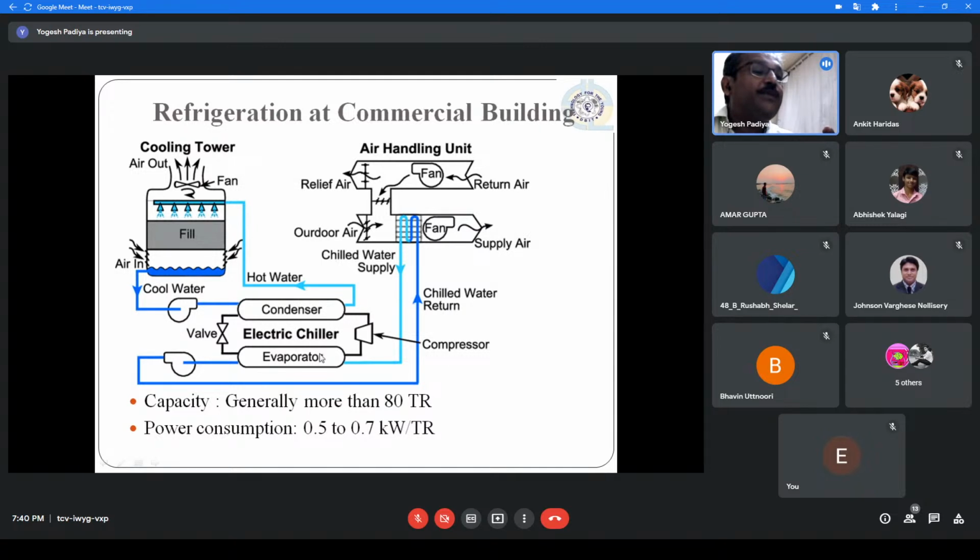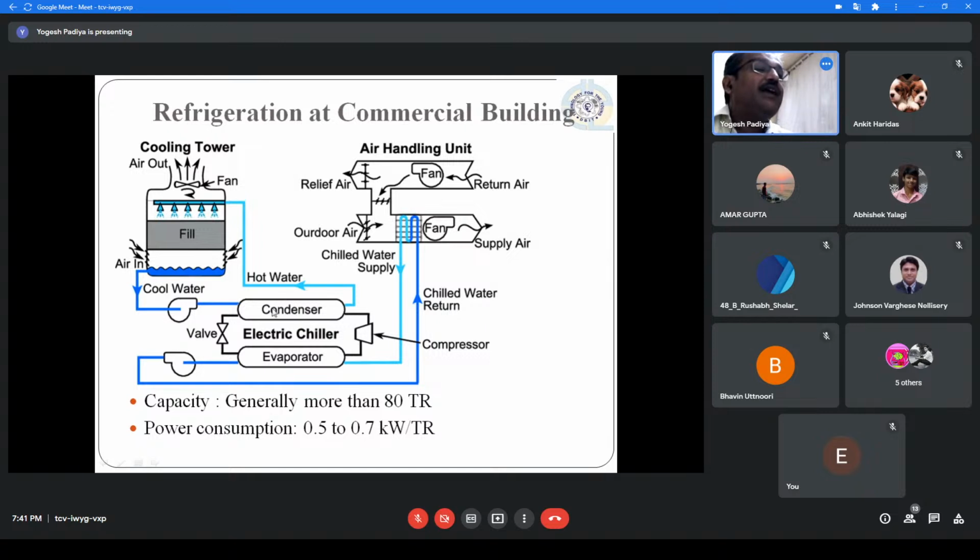If it is already high, then it has to provide less power. As the difference between these increases, the compressor power will increase. It means that if I supply hot water here, then the condenser pressure will be more. If I supply cold water, then the condenser pressure will be less.